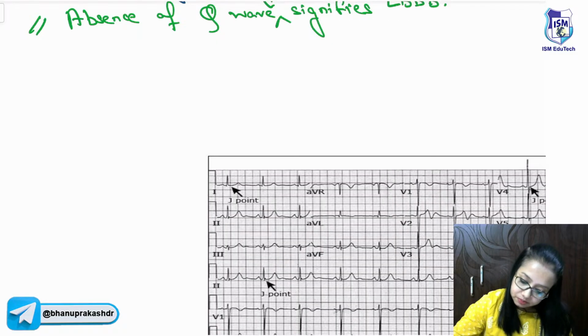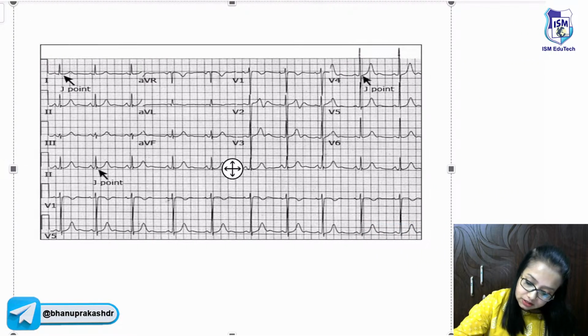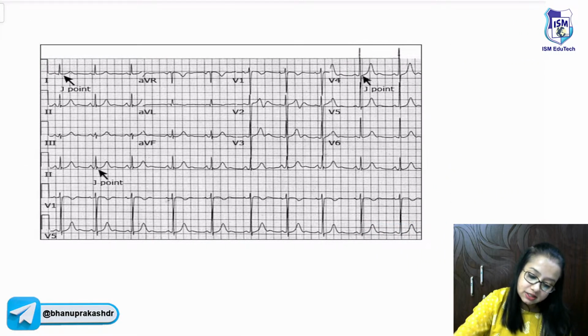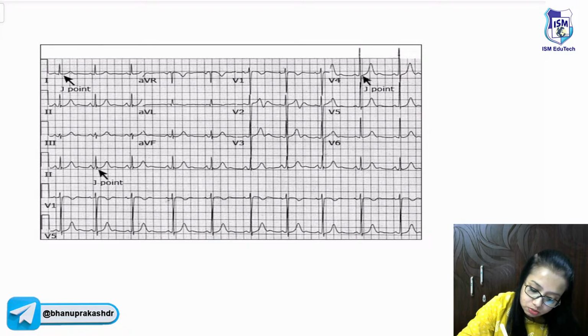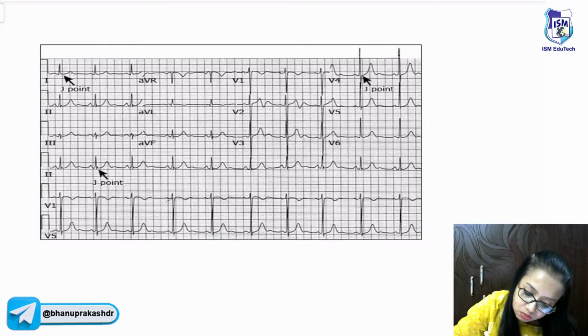No, okay. So from this picture, we will understand. In most cases, as you can see in leads 1, 2, 3, the limb leads, and then we have the precordial leads. Here distinctively in V1, V2, V3, we cannot see a Q wave.